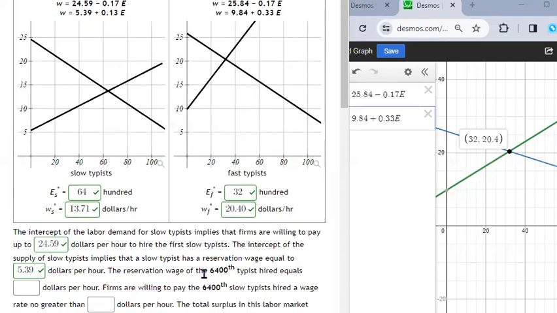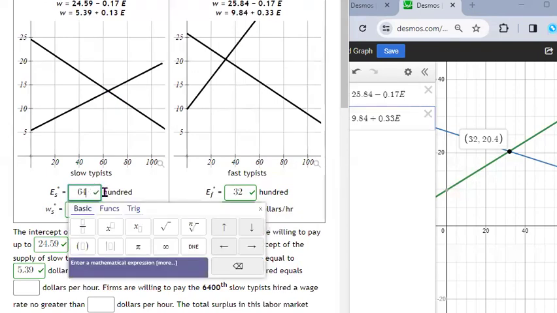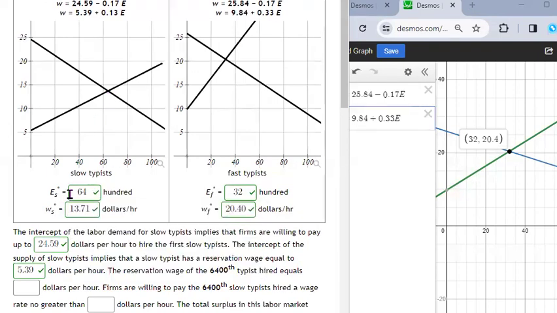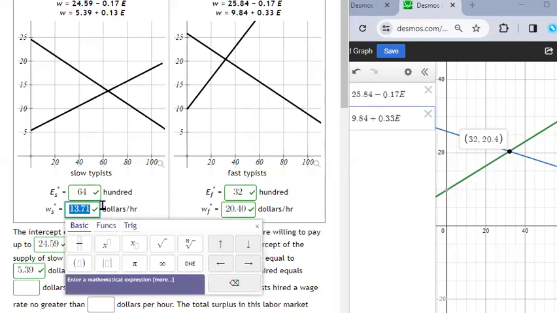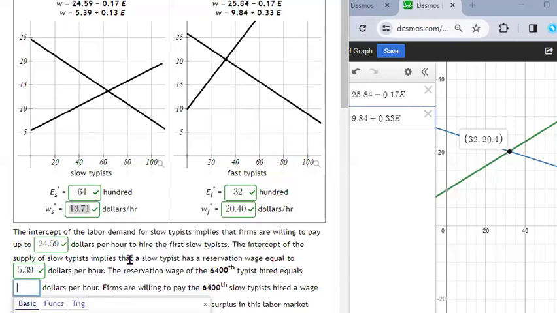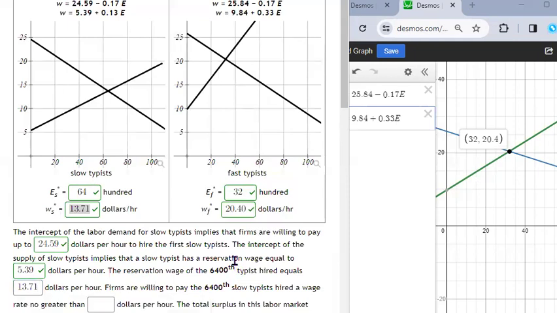The reservation wage of the 6,400th typist, remember these are in hundreds, is $13.71. And firms are willing to pay that last slow typist at most $13.71, right?